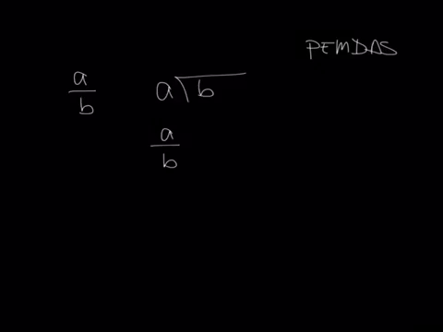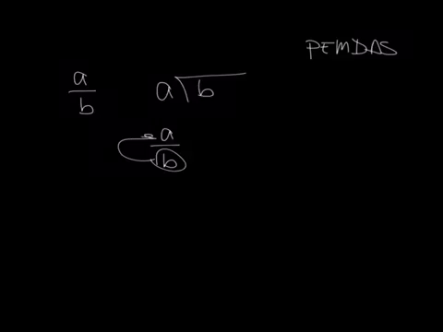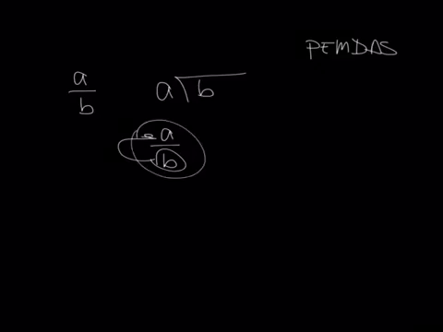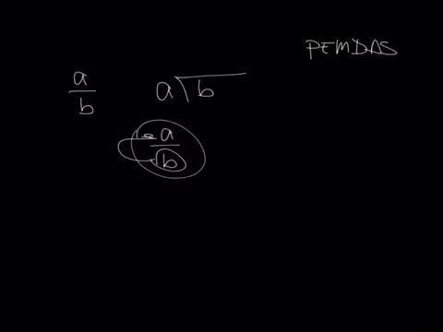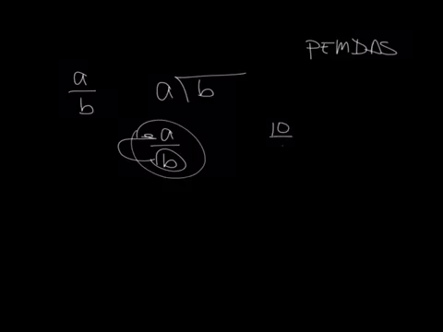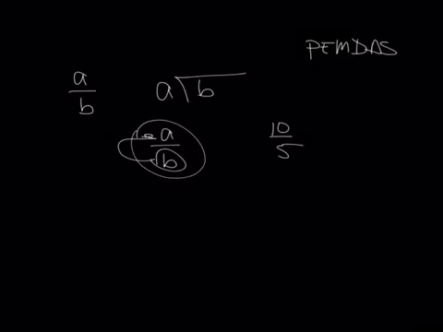The bottom number is written so that you're saying that it is going into that. So this says B goes into A. I know A looks like it should be said first, but the bottom number goes into the top. So if this were 10 over 5, that says 5 goes into 10 twice.